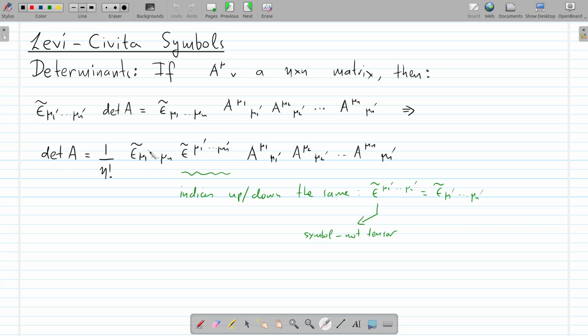Notice that in this formula the indices of the Levi-Civita symbol that was on the left hand side before had the indices downstairs, but when I put them here I place the indices upstairs. As we have already said, these are not tensors, they are symbols, so it doesn't matter where the indices are placed.